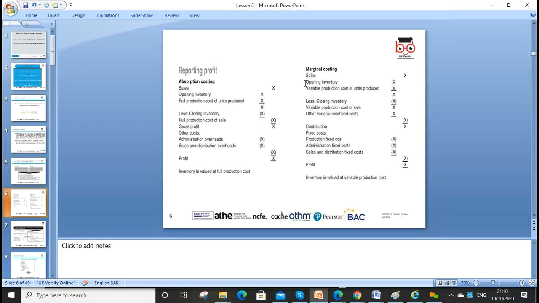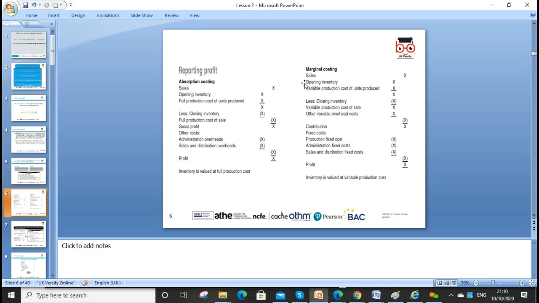Then we have another method called absorption costing. Absorption costing is also known as full cost, where both fixed and variable costs are absorbed into the product. Under absorption costing: sales, less opening inventory, plus the full cost of units produced, less closing inventory, gives the full cost of sales, so that we can find gross profit.